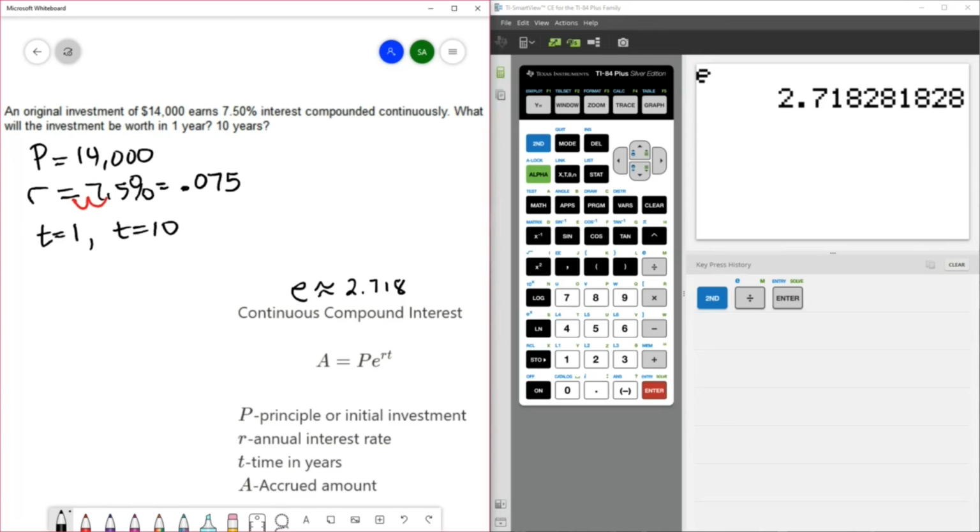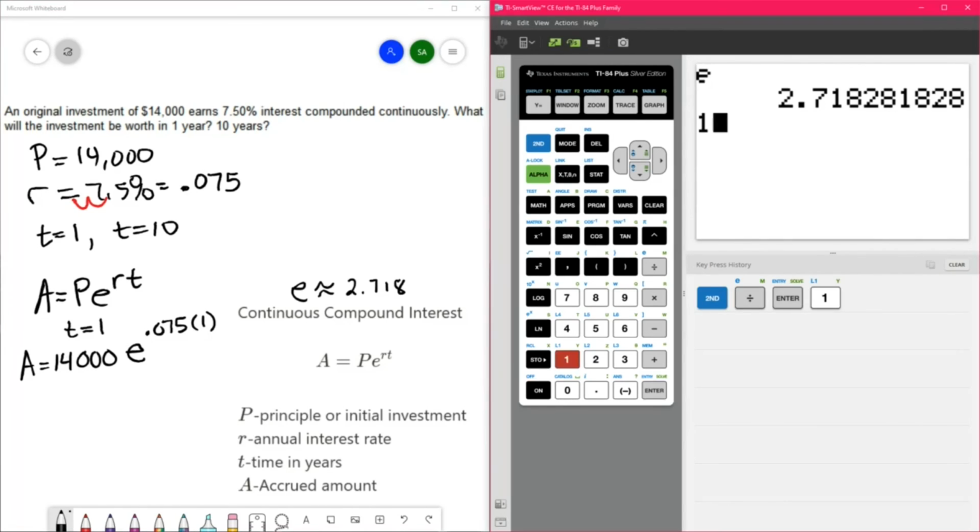So now that I have all of my values, I'm going to substitute them into the formula A equals P e to the RT. We'll start with a time of 1 year. So A will be 14,000 times e to the 0.075 times t, which is 1. Let's type that into our calculator.